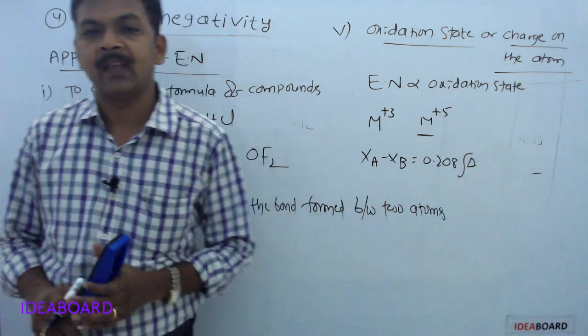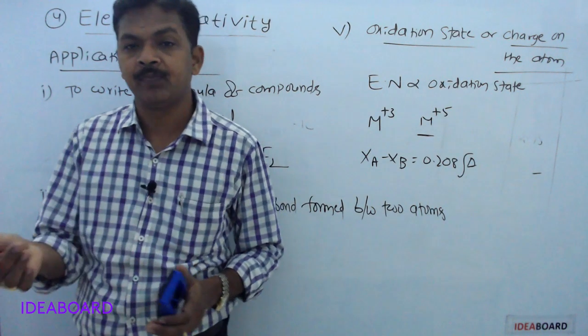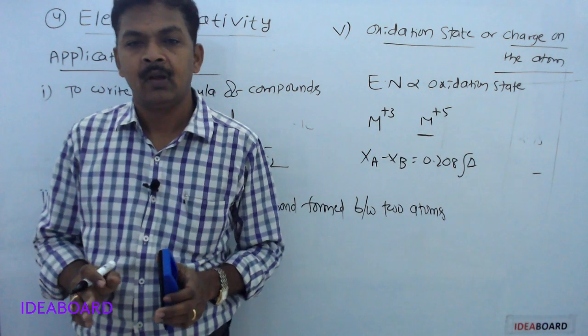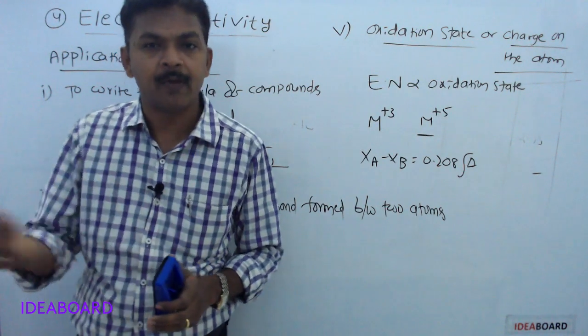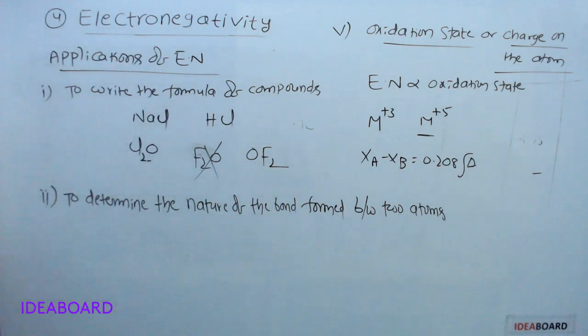Between two atoms, if the electronegativity difference is 1.7 or more than 1.7, then an ionic bond will be formed.